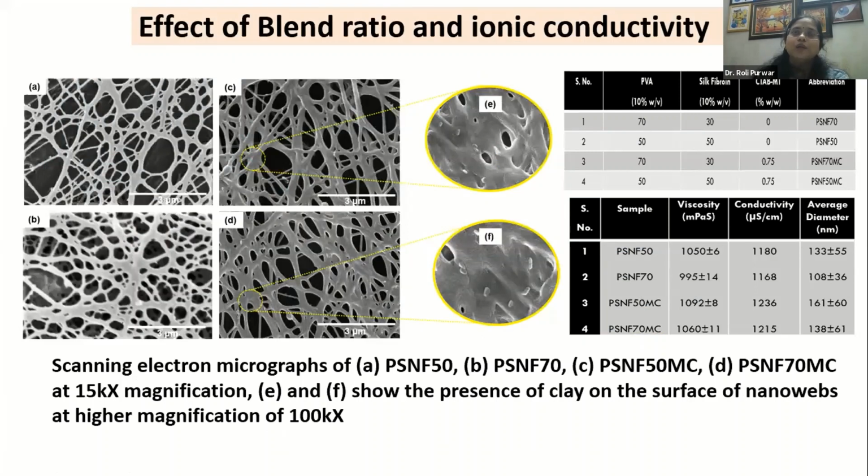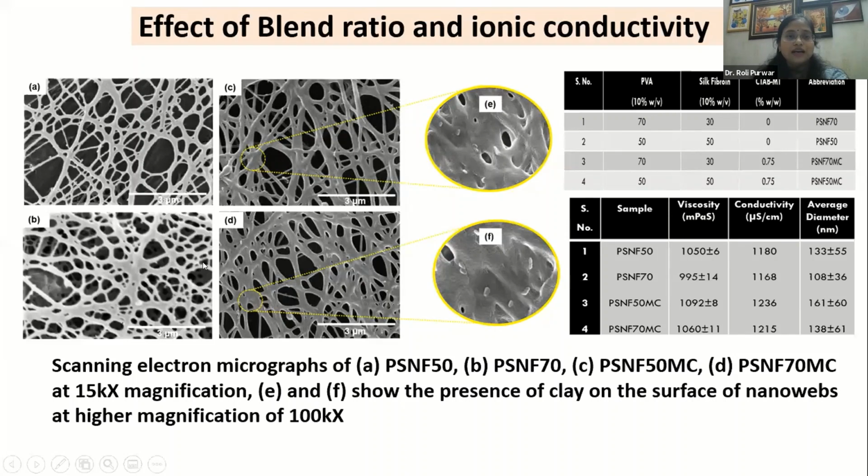What we have observed is that when we work with these polymers, if we have blends, then those blends will also generate different kinds of structure. In this slide, I'm showing you the tussar fiber and the tussar polymer fibroin. We have blended it with PVA, and when we did the electrospinning, they had good ionic conductivity, and with that ionic conductivity, we got web kind of structures.